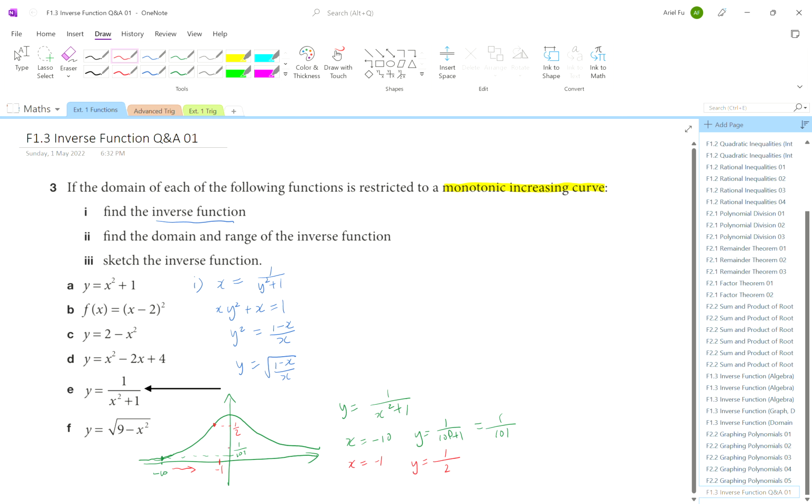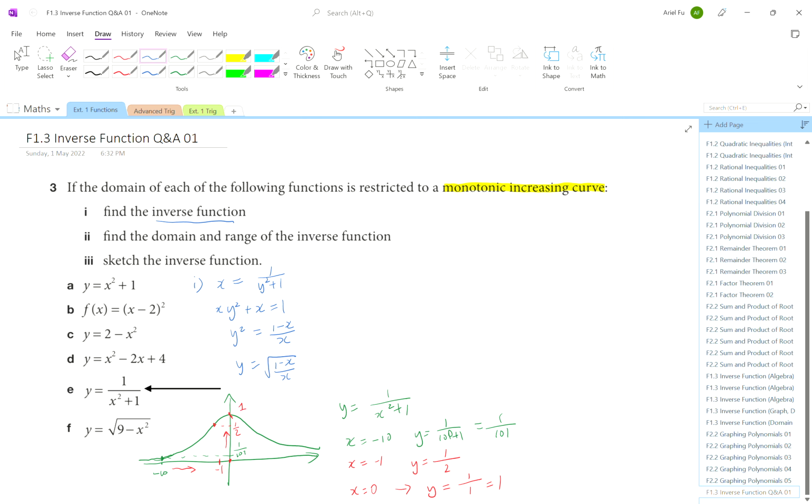The value of y is increasing as x goes more positive. Now, when x equals 0 at this point, what's the y value? y is 1 over 0 squared plus 1, which is 1. So the y-intercept here is 1.